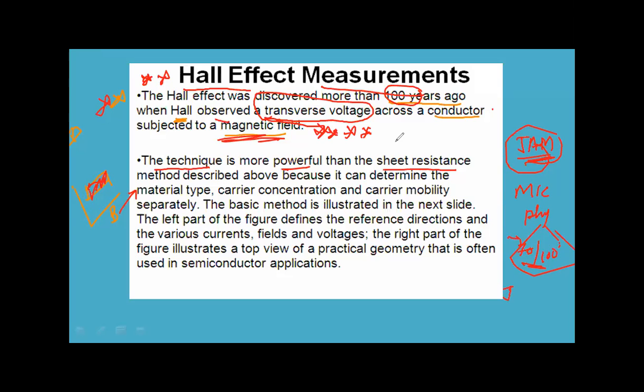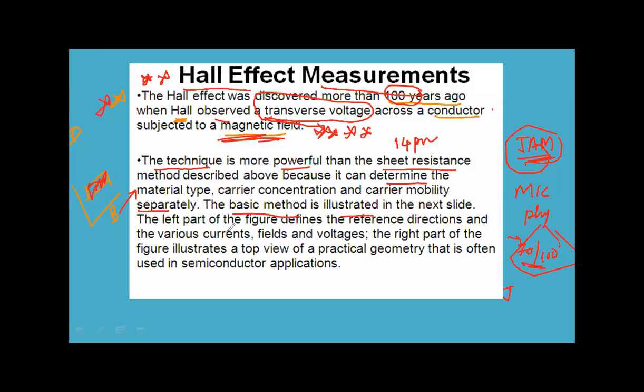We have used the four-point probe method, but this Hall effect measurement is a wonderful technique, better than the sheet resistance measurement. It can be determined separately and easily. The basic method is illustrated in the next slide.